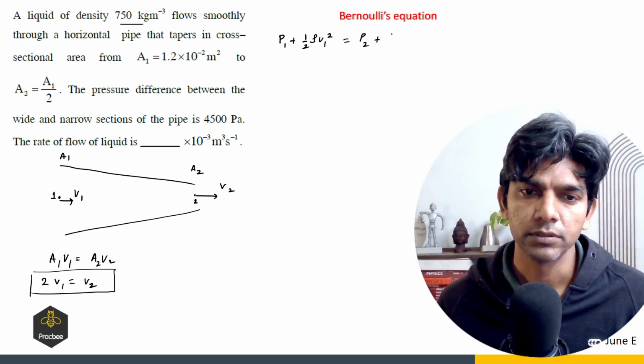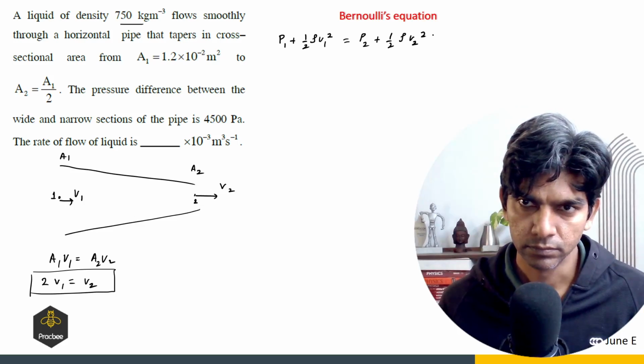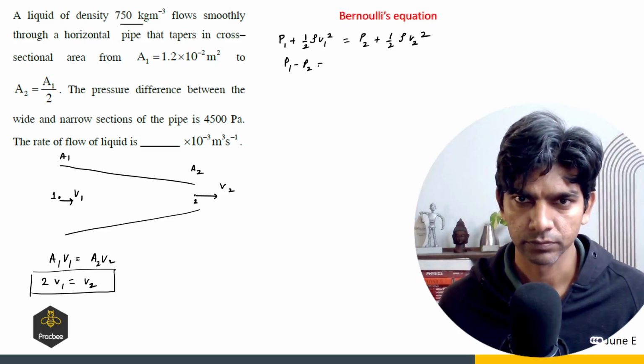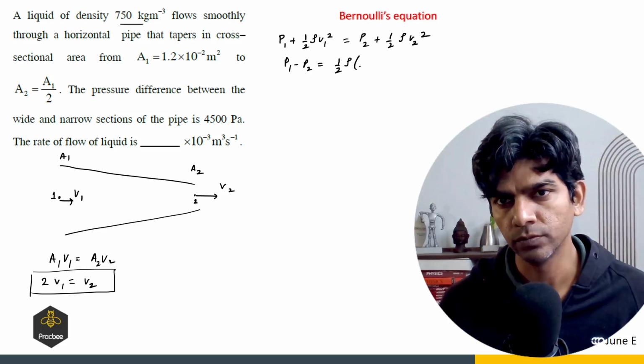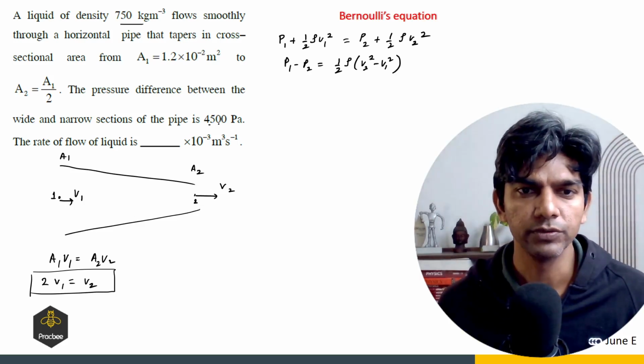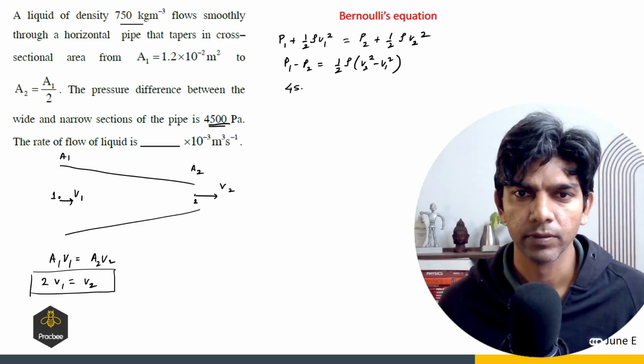equals to P2 plus half rho V2 square. So from here P1 minus P2 will be equals to half rho times V2 square minus V1 square, and P1 minus P2 is given as 4500, so V1 square times 2 divided by the density.